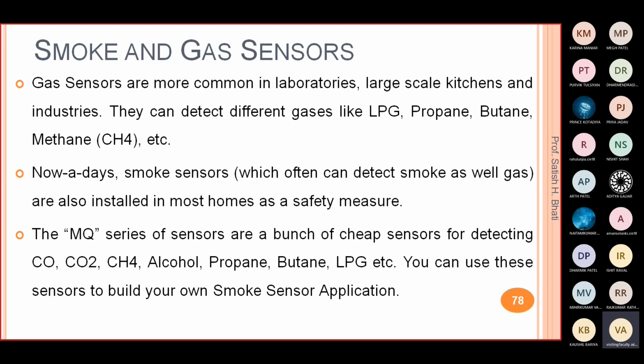Propane, butane and methane are dangerous gases, which maybe are the result of some chemical process. So in such industries they have gas sensors which will detect such dangerous gases. You can use these sensors to build your own smoke sensor application.